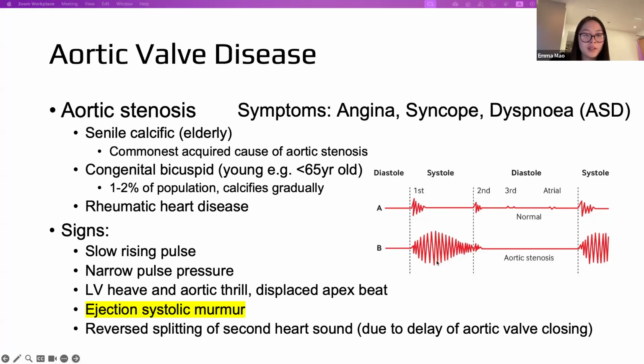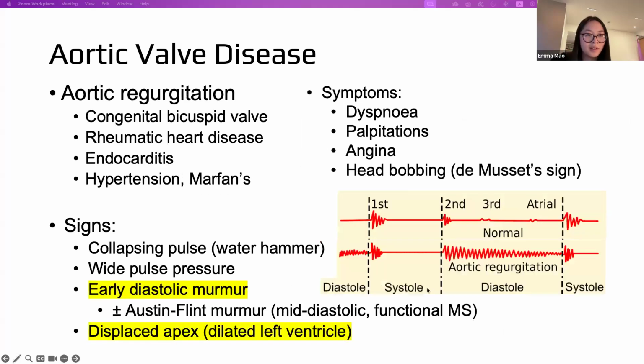Well, I've got an acronym later to help you remember the murmurs and when they happen. Okay, so we also have aortic regurgitation. So the bicuspid valve can also lead to aortic regurgitation, rheumatic heart disease, endocarditis, and also hypertension and Marfan's are often causes of aortic regurgitation.